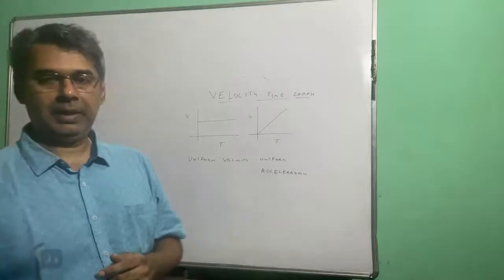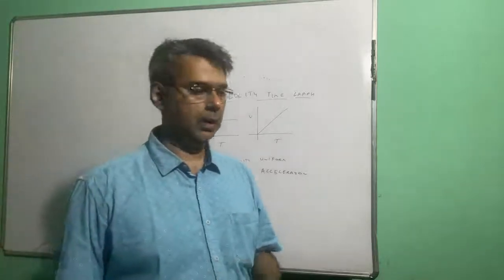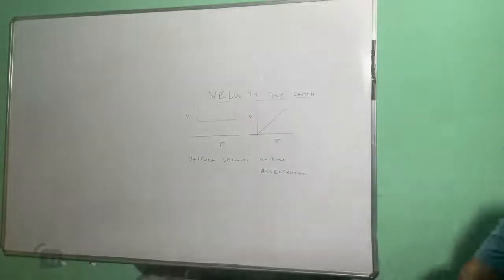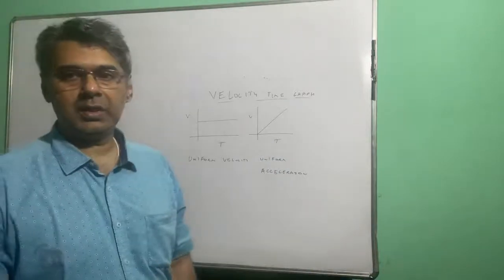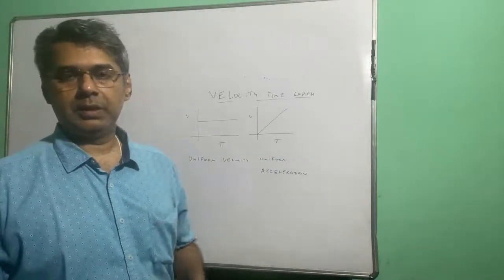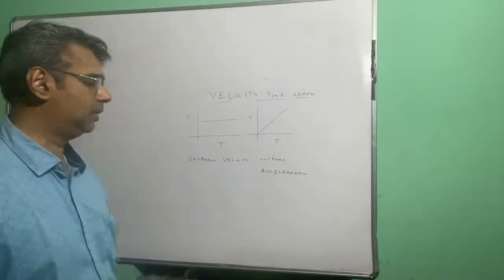If you remember, when I did displacement time graph, I told you that the main calculation is that the slope of the graph gives the velocity.